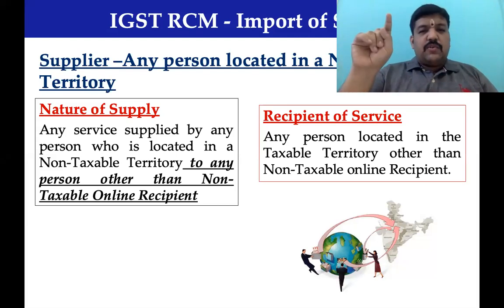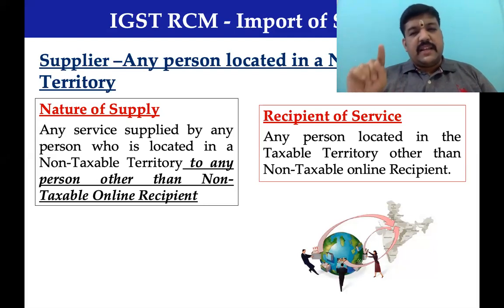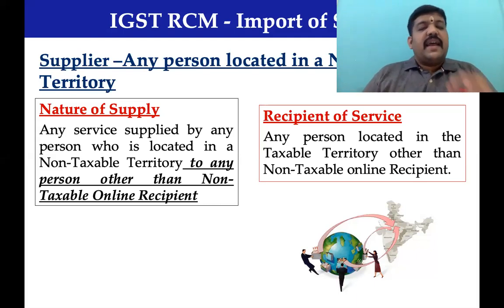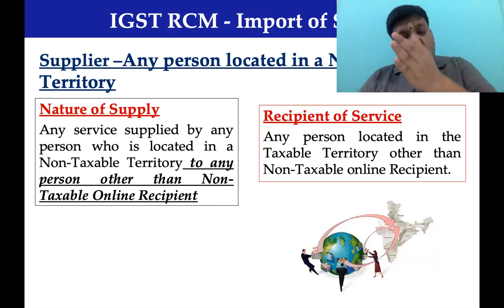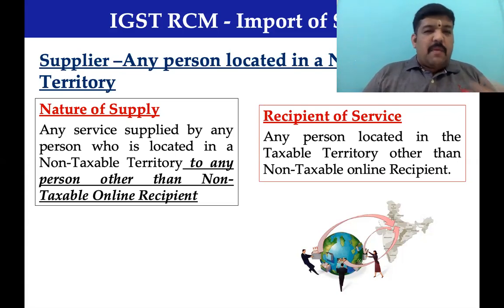Starting from Article 269A, giving weightage to section 7 subsection 2 and section 7 subsection 4 of your IGST Act, import and export transactions and SEZ transactions will always be treated as interstate supply only. Meaning thereby there is no scope for somebody to think about intrastate.